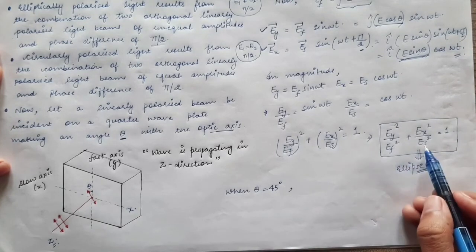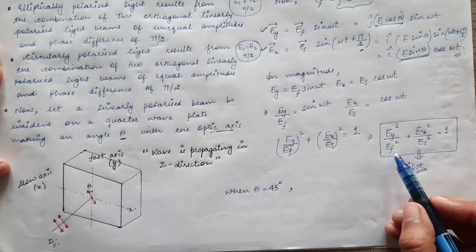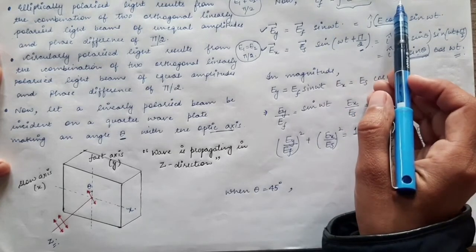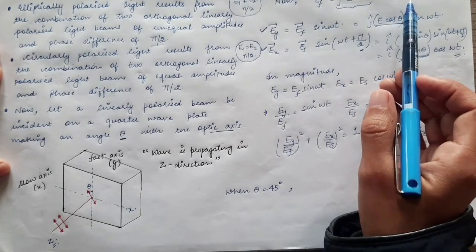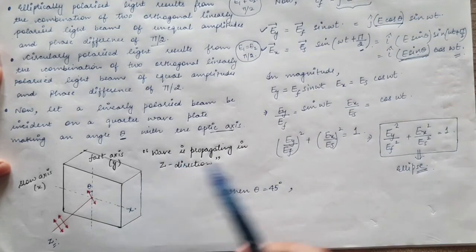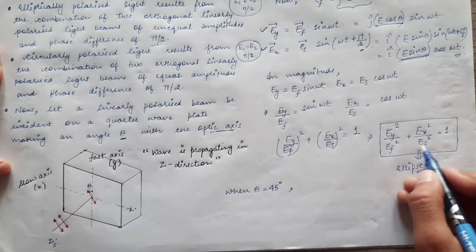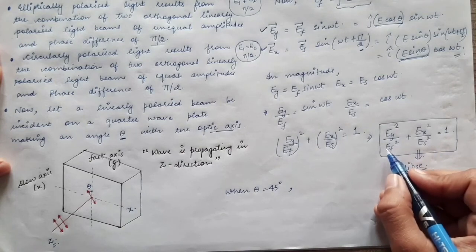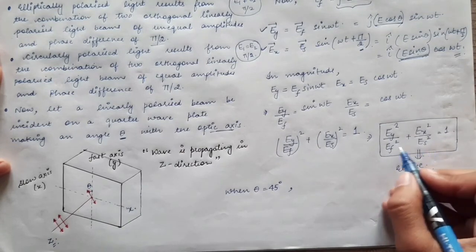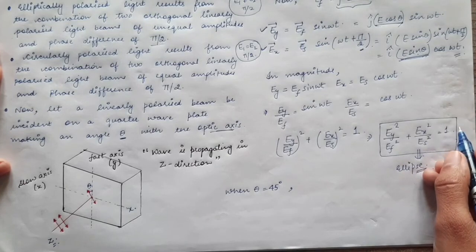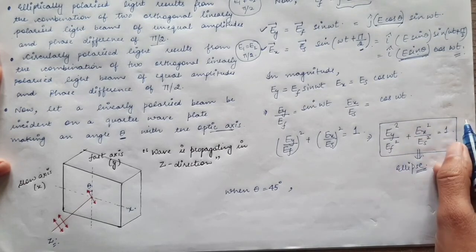So EF in this case is not equal to ES. In that case, the light which will emerge out of the quarter wave plate will be the elliptically polarized light. Now if EF becomes equal to ES, these two components will be taken on the right hand side and we will get the equation of a circle.